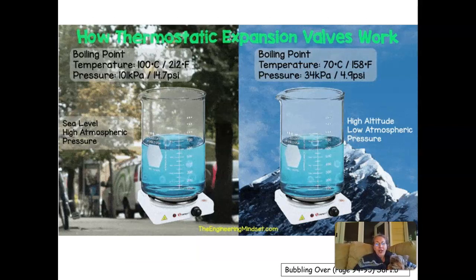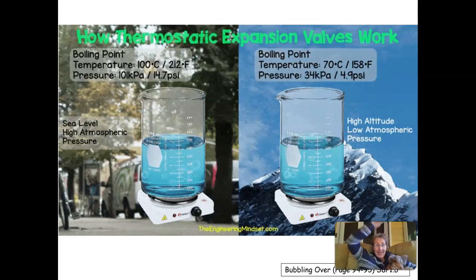So one of your questions coming up is going to ask you, how does air pressure affect water boiling? On the left, we have the water boiling at sea level, and on the right, we have water boiling at a very high altitude at the top of a mountain. So remember that air pressure is the weight of the air above you pushing down.